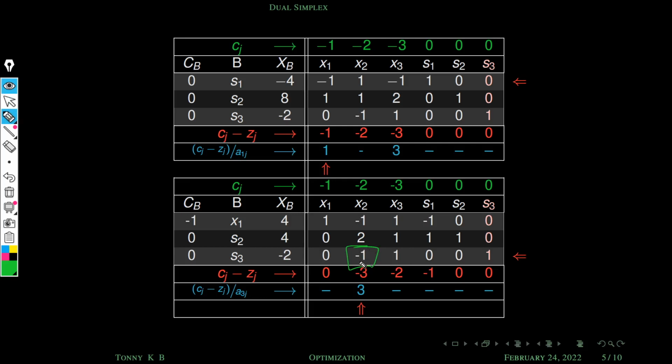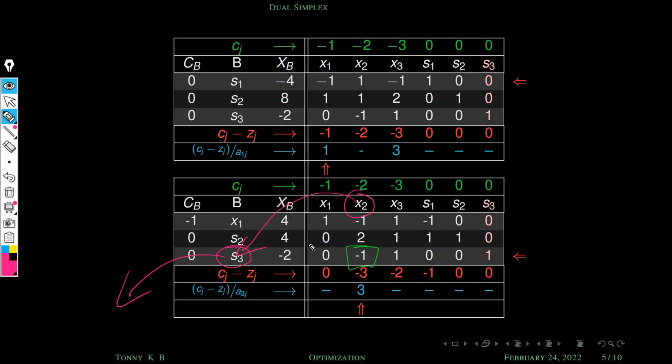Next you have to convert this pivot element to 1 by multiplying by minus 1. And also one more thing: in this case, which one is the entering variable? Yes, in this case x2 will enter the basis, and this variable leaves the basis. That means this will become non-basic and this will become basic.